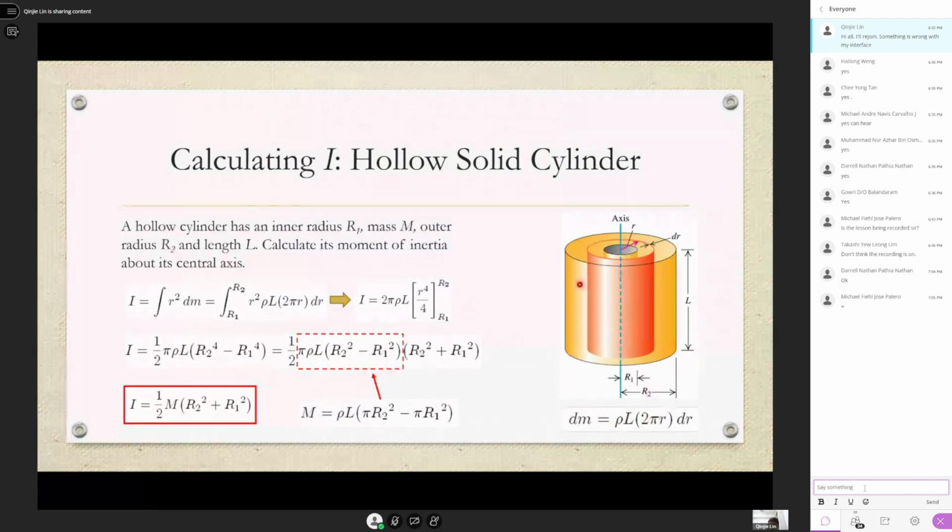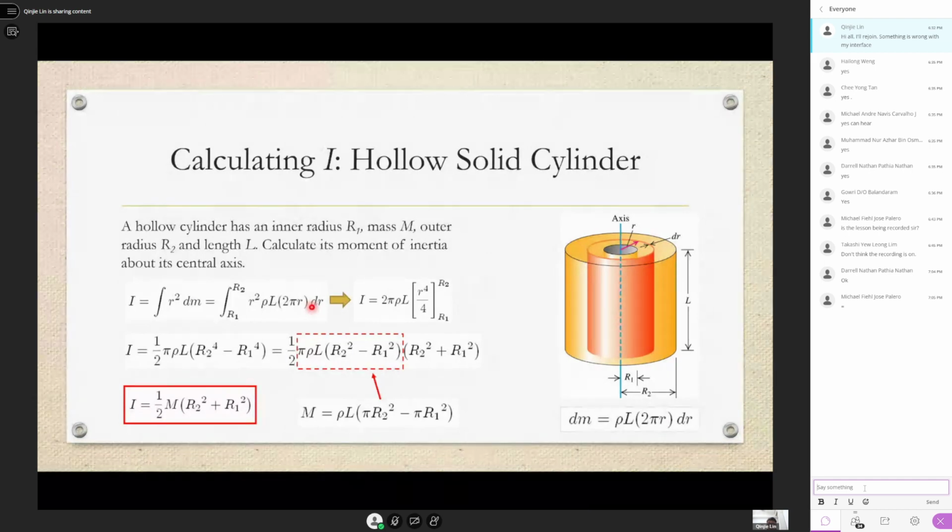The volume of this particular single strip is given by L, the entire length, times 2πr, the circumference of this strip, then times the thickness of this strip, which is very small, but there is some value to it. That is dr. If you replace the dm with this whole thing, you're going to get something that you can solve.